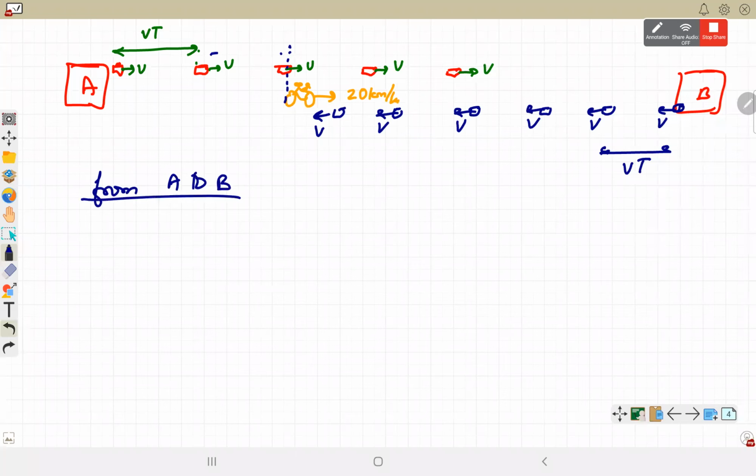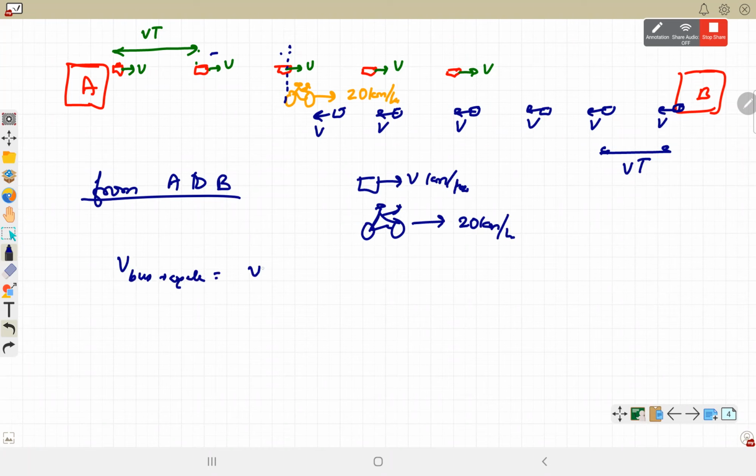If you see A to B, the bicycle is moving with a speed of 20 km per hour, and the bus is moving with the speed of V kilometer per hour. They are in the same direction. So what is the relative velocity of the bus with respect to the cycle? It will become V minus 20. In a time span of 18 minutes, it covers the distance between the two buses.